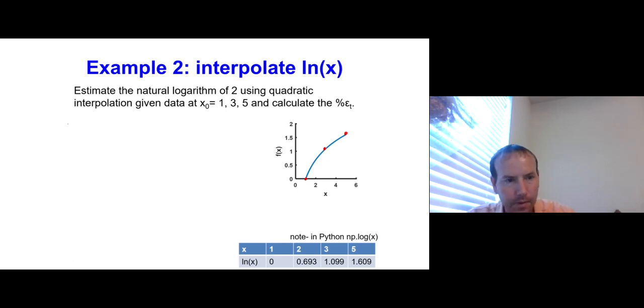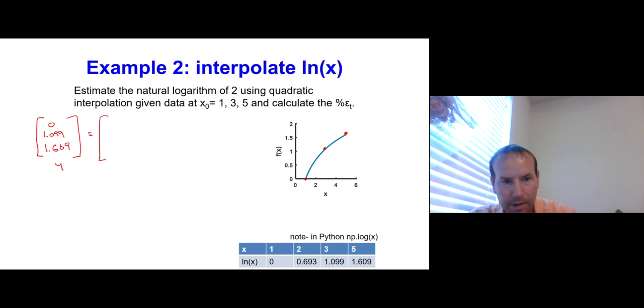Okay, so we're going to start out by, in matrix form, specifying the y's that we're using to solve this y.